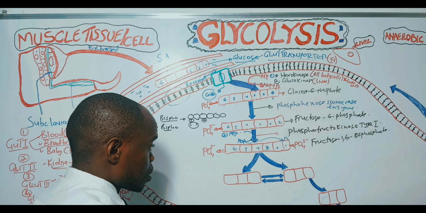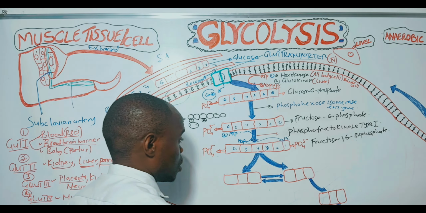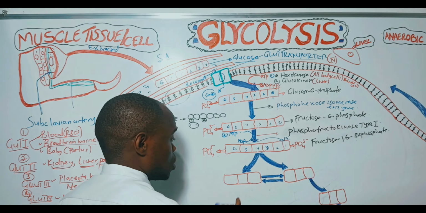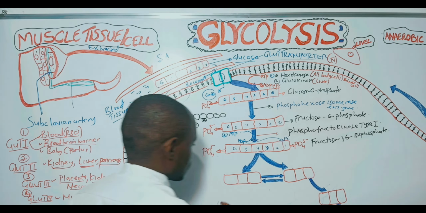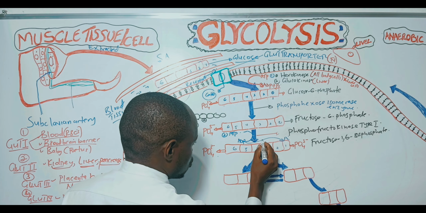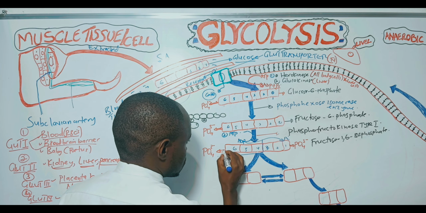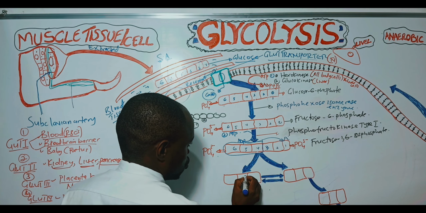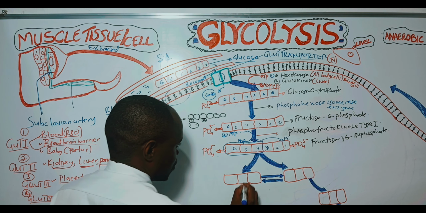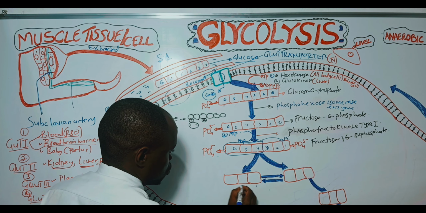This is the first ATP, this is the second ATP. Now, this fructose 1,6-bisphosphate is going to break down into 2 compounds, which are 3 carbons. So this is going to break in the middle like this. So we shall have this one, this is 1, 2, 3.